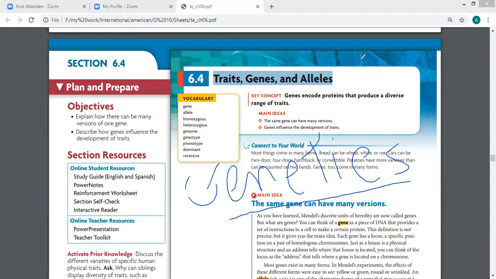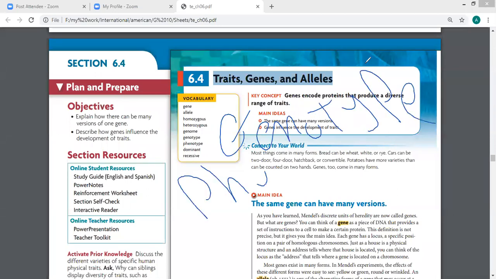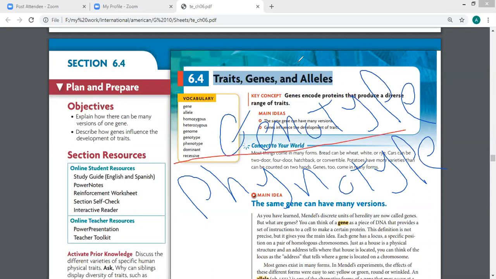Okay, and then we explain the difference between genotype and phenotype. At the end of the session, Mahmoud asked me again what the difference between them is. You must know the difference between genotype and phenotype. Firstly, phenotype.